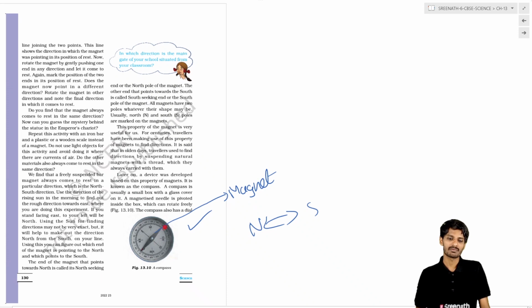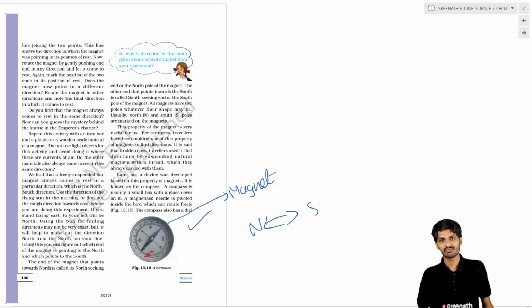What you have to do is rotate the compass such that the magnetic needle aligns in the direction of north south which is printed on the dial. The coincidence of this needle with the printed north south of the dial gives the perfect north south directions.